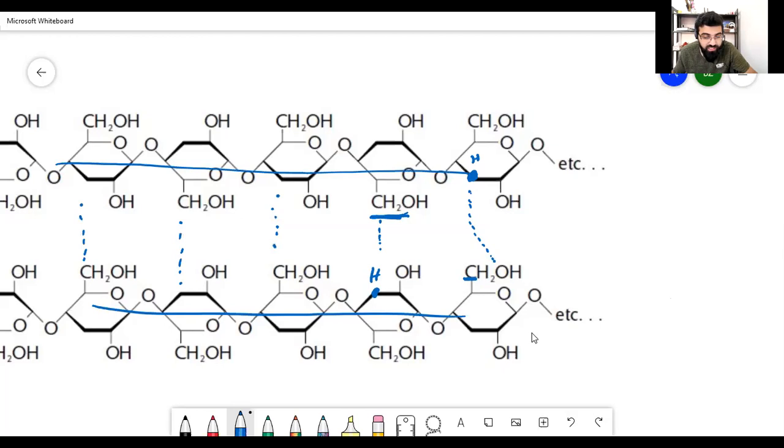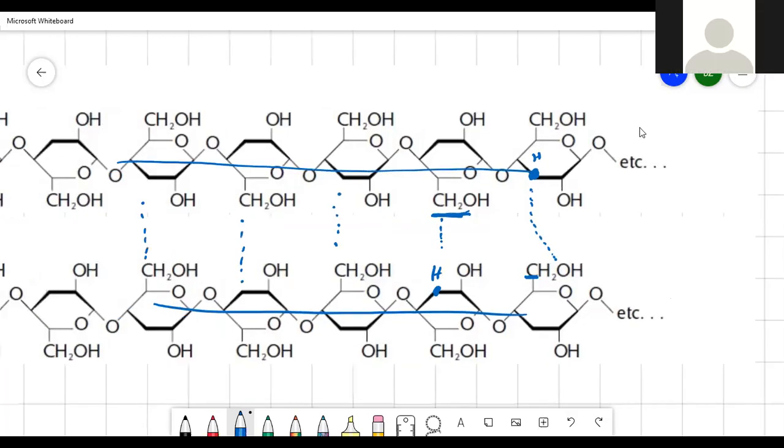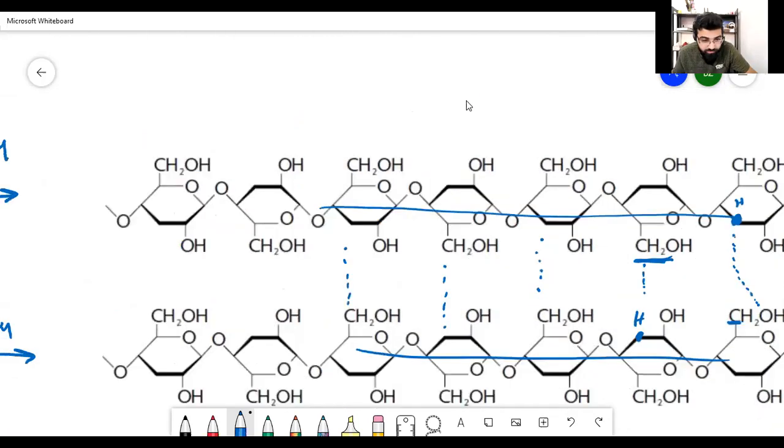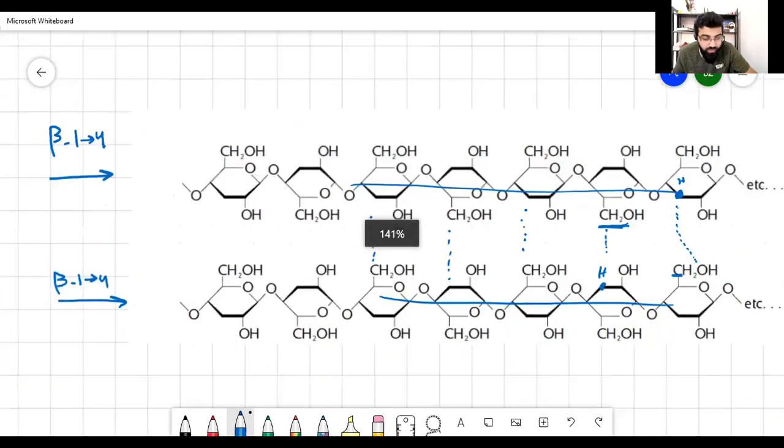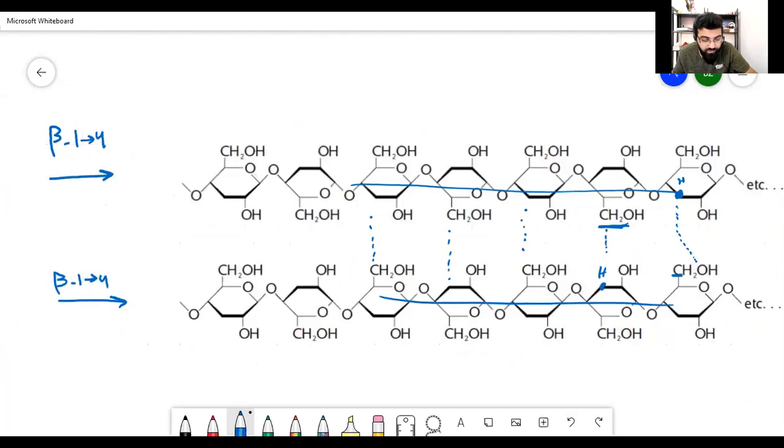That's what makes cellulose tougher. It's not only the beta glycosidic bond, as we just said, that makes it tough. What makes cellulose more tough? The hydrogen bonds. I will show you pictures about it now.